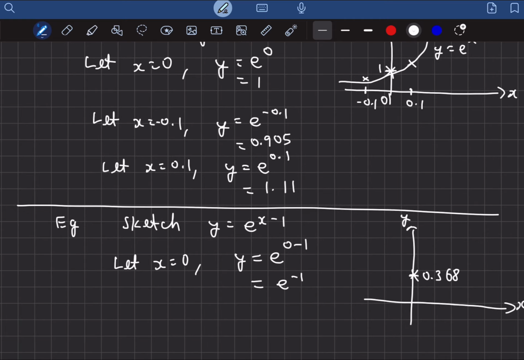Then pick a point on the left. So let x equals to negative 0.1. Like I mentioned, you can pick any other value. So e to the power of negative 0.1 minus 1, so it's e to the power of negative 1.1.